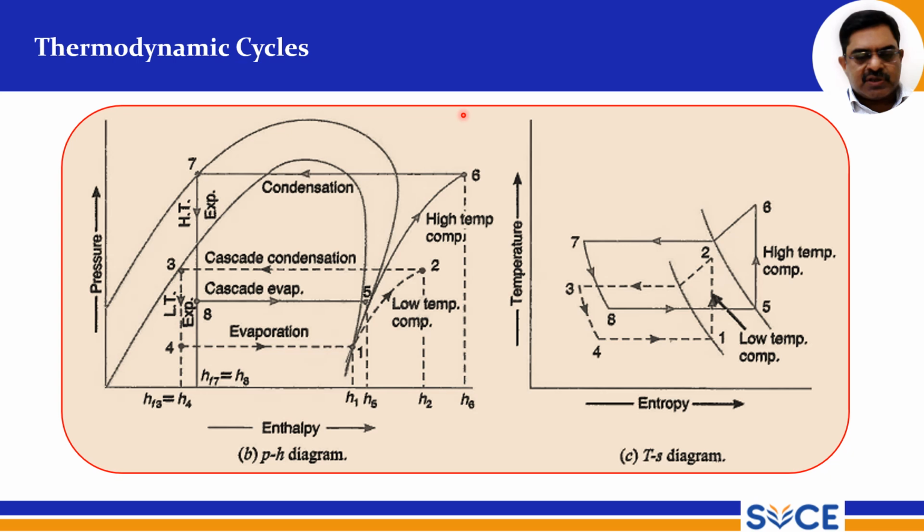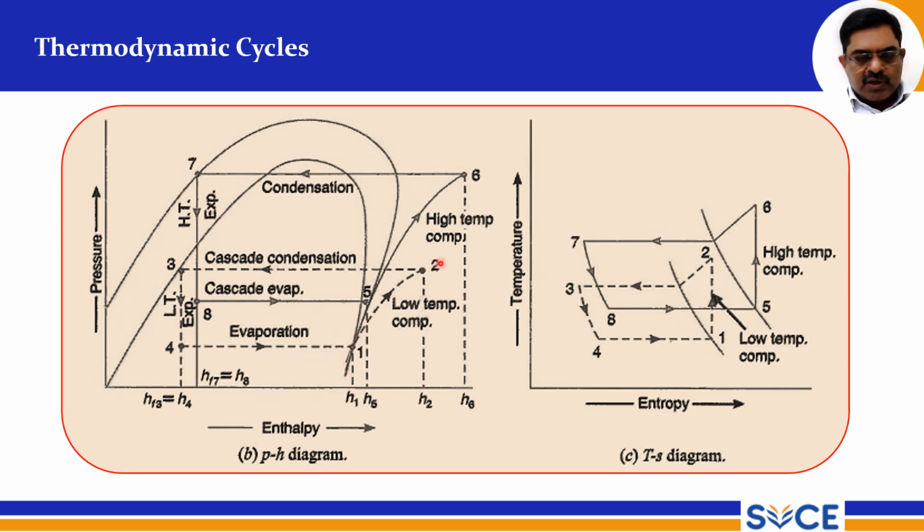This is the first one, and this is the notch, it is for HT and this is for LT, with enthalpy on the x-axis, and here you can see the offset. This is the offset from 6 to 2, and this is happening in low temperature compression.